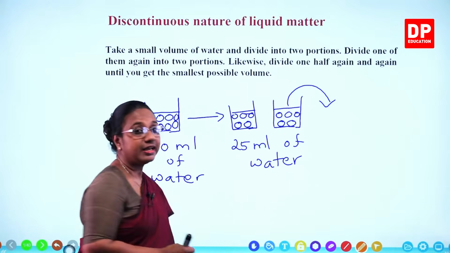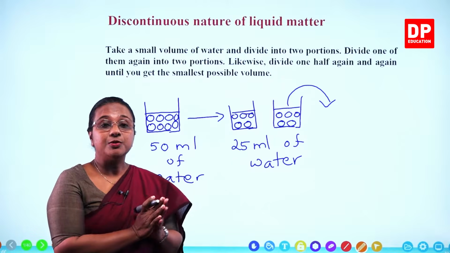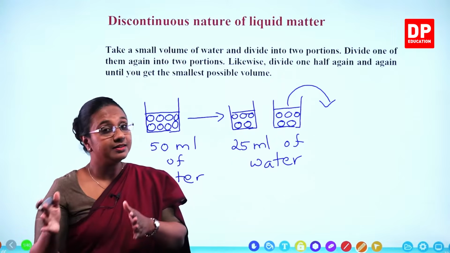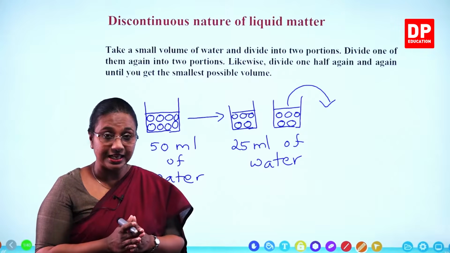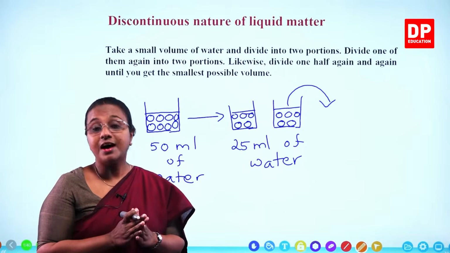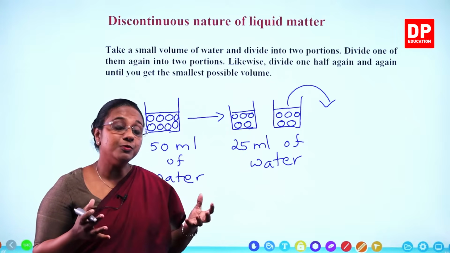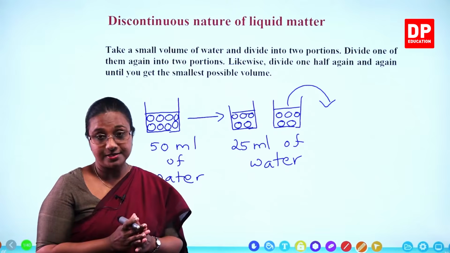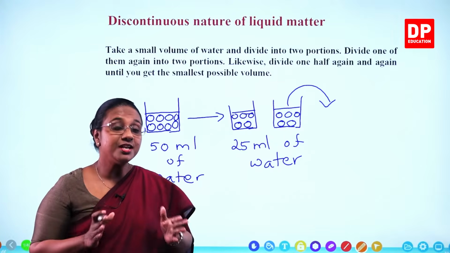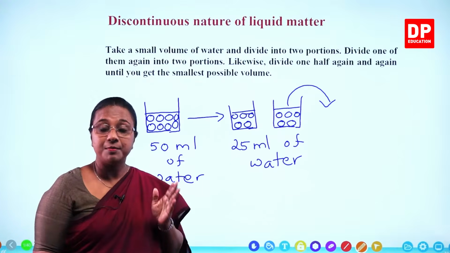So from there again, we divide it. Part of the liquid particles will go into one container, the rest will go into the other container. And finally, when you make it into very, very tiny drops, there will be a few water particles. So this division is possible because liquids are made up of particles.